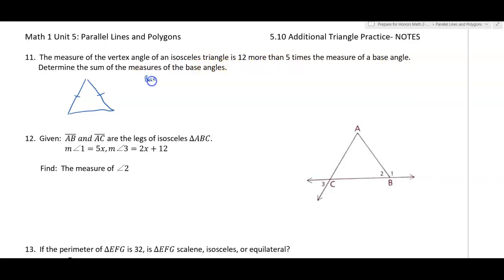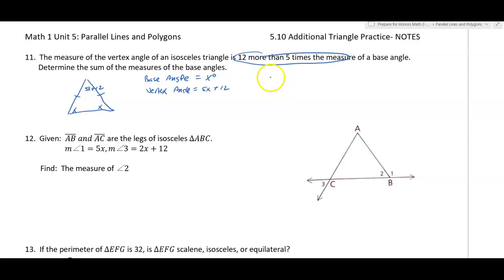So we're going to say the base angle equals x degrees. So that would be x, that would be x. The vertex angle then would be 12 more than 5 times that. So 12 more tells me I'm going to add 12. 5 times the measure of that would just be 5x. So this would be 5x plus 12.